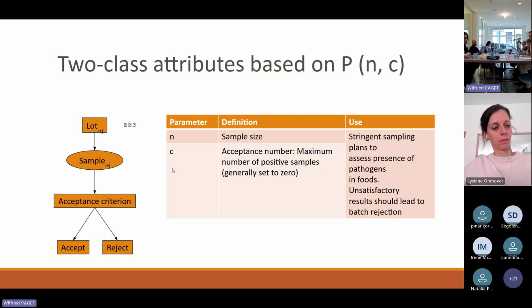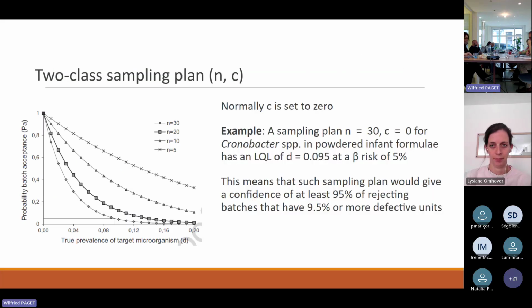N is the sample size, and C is the acceptance number, the maximum number of positive samples, which in terms of pathogenic bacteria is generally set to 0. This is a stringent sampling plan to assess the presence of pathogens. And when a lot fails to comply, the batch should be rejected, meaning reprocessed.